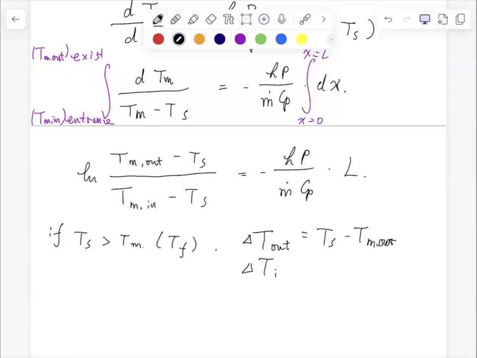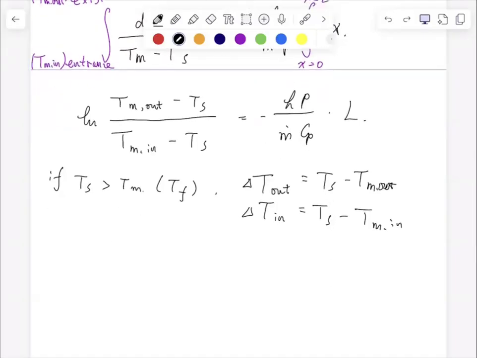And then delta T at the inlet will be this. This is just to tell you the numerator and the denominator can be positive at the same time or negative at the same time.